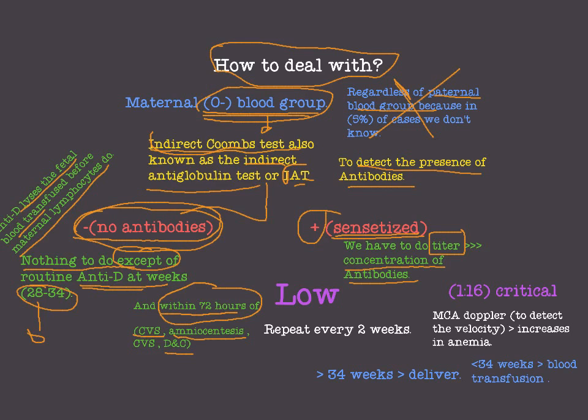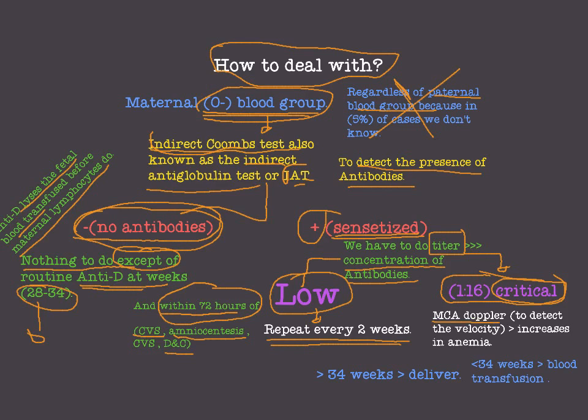If by doing the titer we find that we have low antibodies, then we repeat the titer every 2 weeks to make sure that the antibodies are still low. But if we have 1 to 16 antibodies, critical antibodies, then we have to do a middle cerebral artery Doppler.